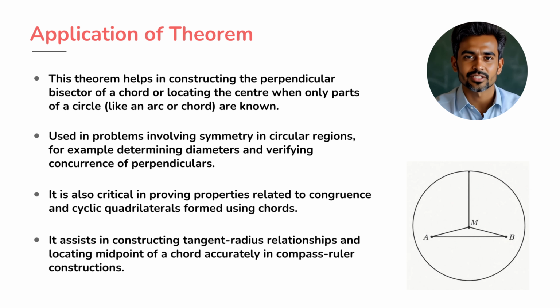Since chords form the sides of these quadrilaterals, knowing how chords behave helps solve many geometry problems. And don't forget the connection with tangents. This theorem assists in constructing the exact midpoint of a chord, which in turn helps define the radius and tangent relationships precisely, especially when using compass and ruler for neat constructions. So, this isn't just theory. It's a toolbox for many circle problems.